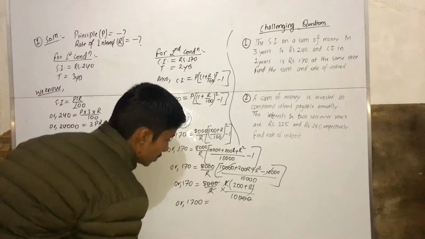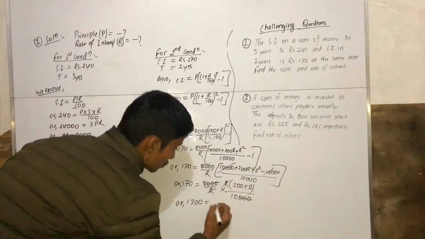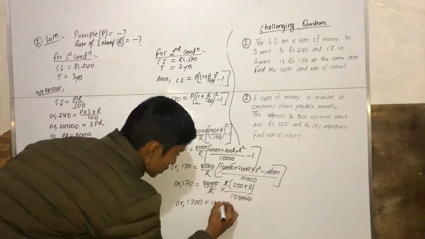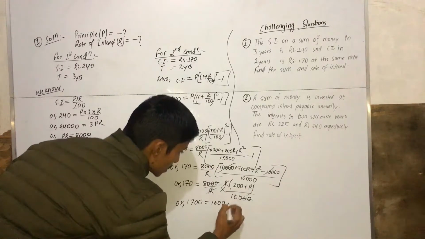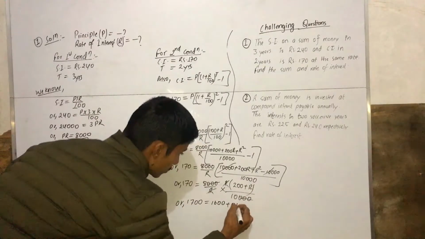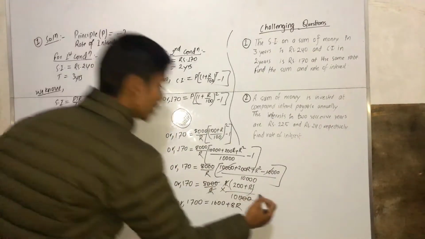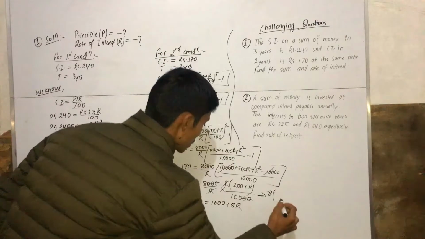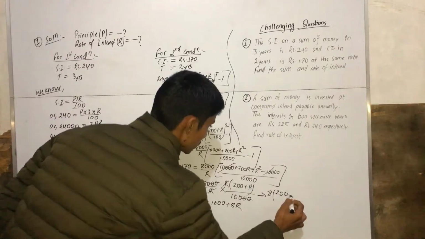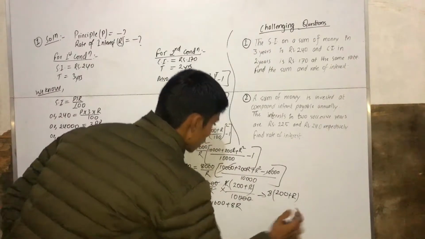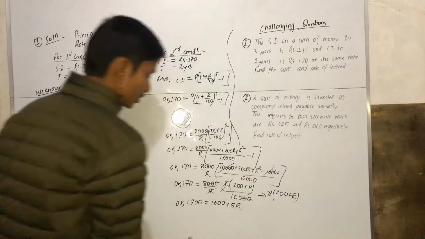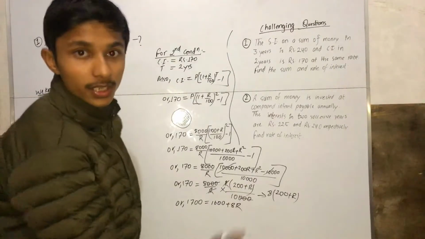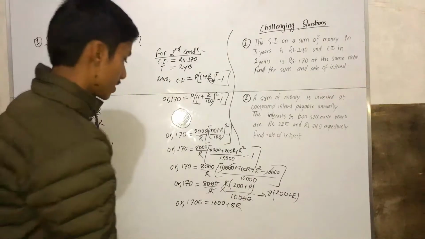1700 is equal to 8 into (200 plus R). In this step we have multiplied 8 by 200, which is 1600, and 8 times R is 8R.